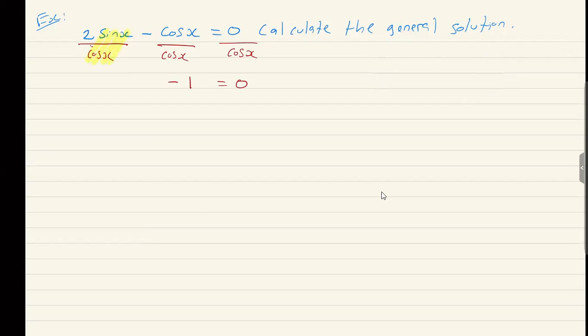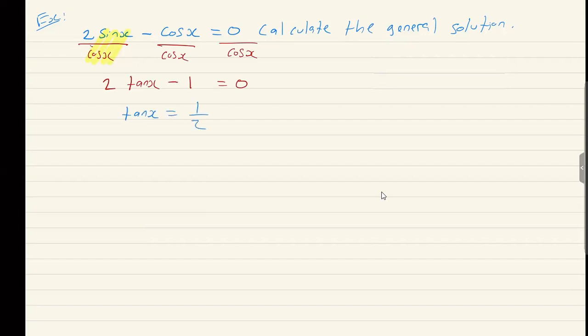So 2 tangent x minus 1 is equal to 0. Now we can leave the trig ratio alone because I have only one. Tangent x is equal to 1 over 2.